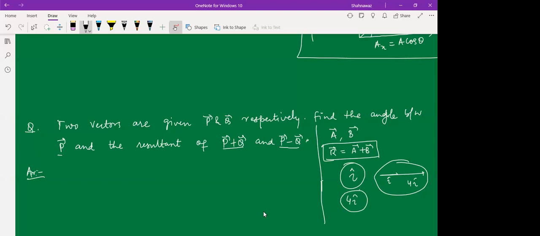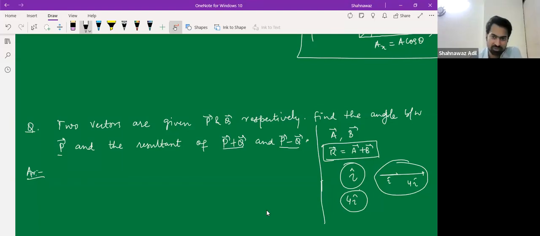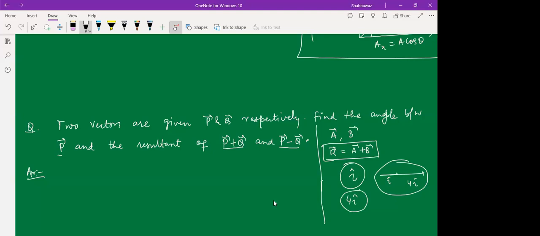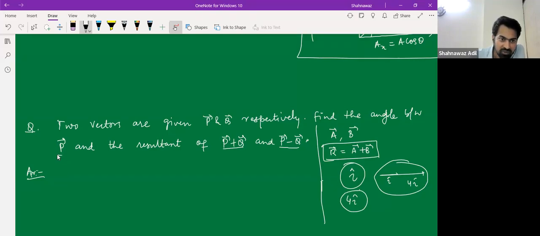Okay. Plus, minus, it means behind. So what is the angle you find? 180? Okay, so let's say that you have to find the angle between P and the resultant of these. Are you getting minus anywhere?